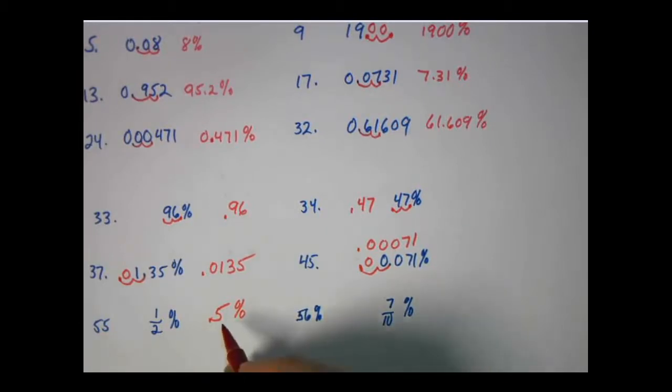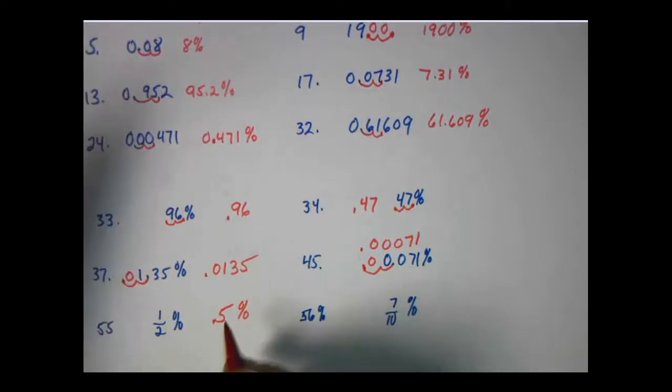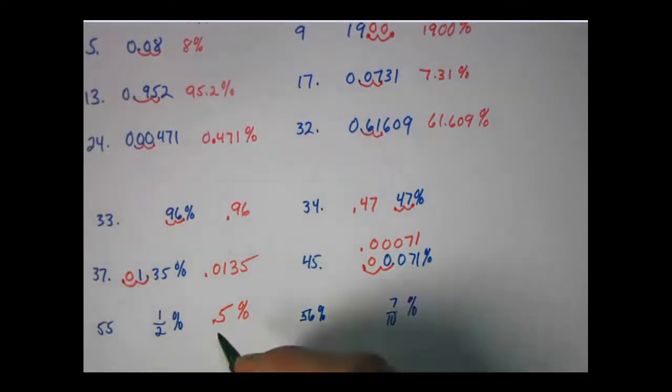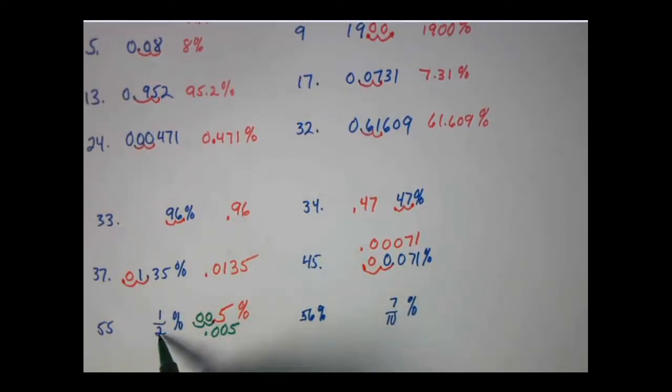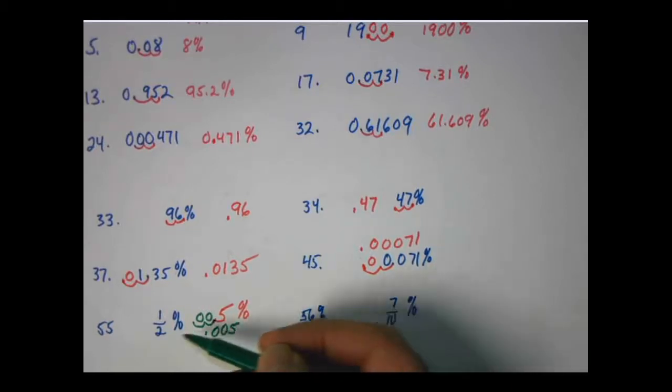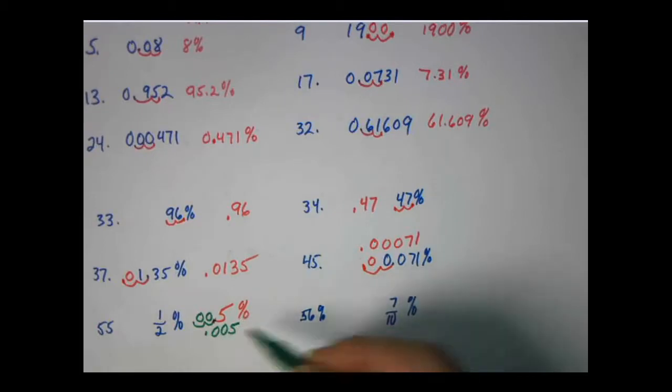Okay, so then our second step, then I'm going to change colors here so it's emphasized. It's the second step. Now I move it over 2, and I have to fill these in. So it becomes 0.005. So first step is to convert the fraction to a decimal, where we had the 0.5, but it was still a percent, and then the moving of it changes the percent to a decimal.